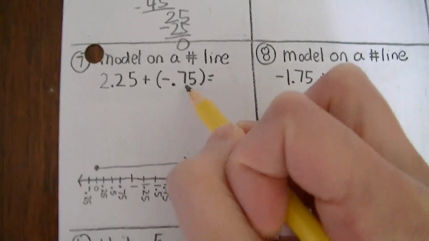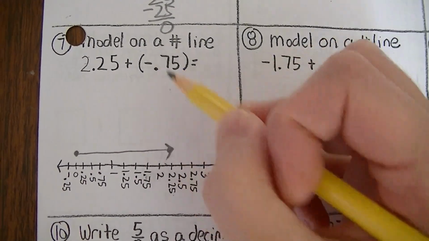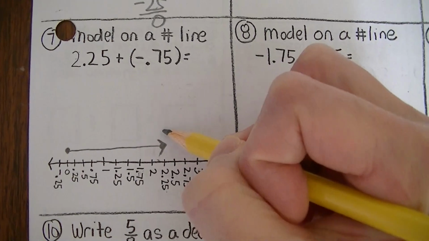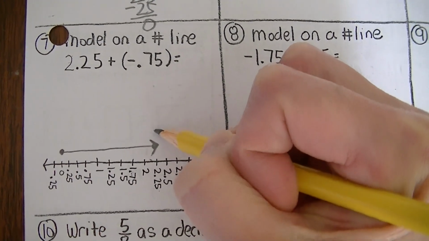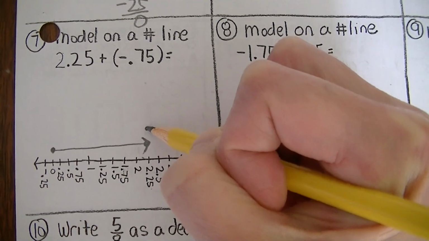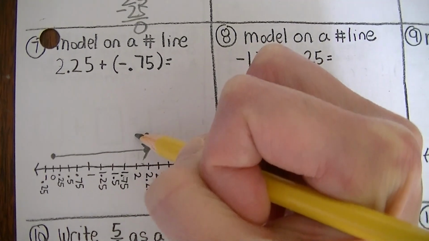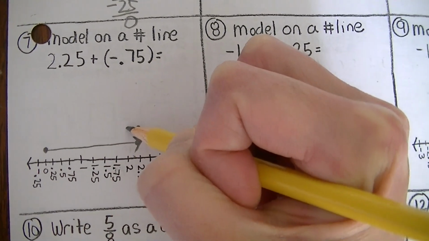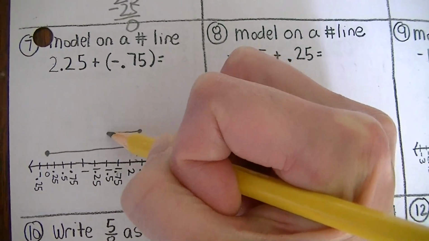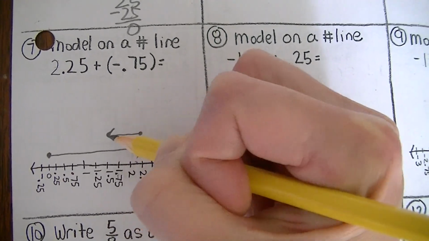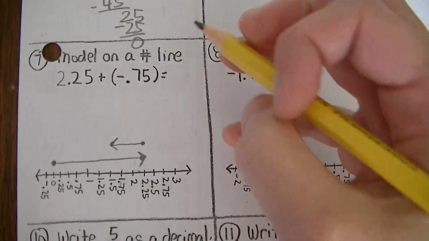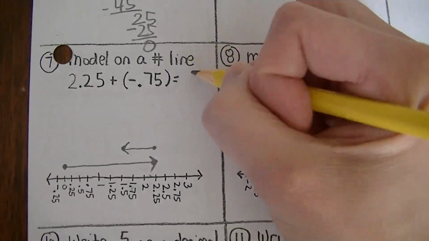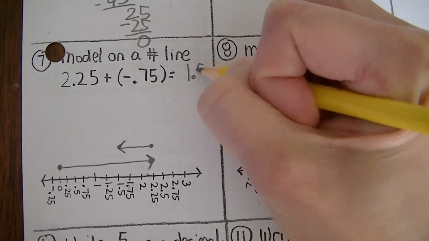It says plus a negative 75 hundredths. Since it's negative, you're going to go to the left 75 hundredths from there. So there's 25 hundredths, 50 hundredths, 75 hundredths, because our number line is jumping by 25 hundredths. Okay, so your answer is 1.5.